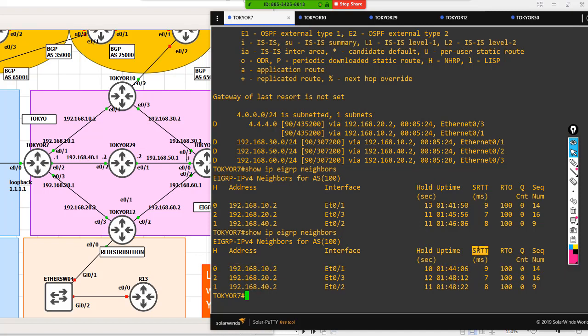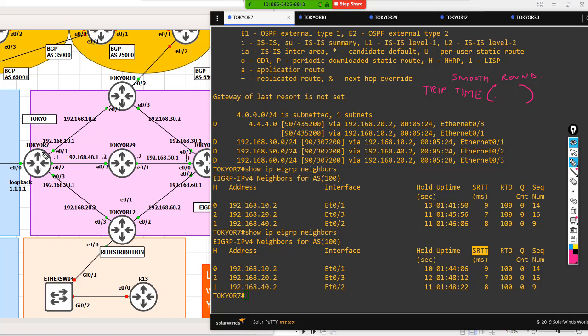Now, what is SRTT? SRTT is nothing but smooth round trip time, and it's in milliseconds.